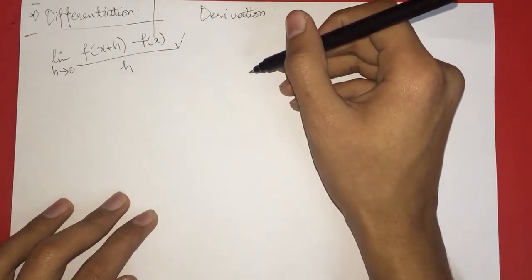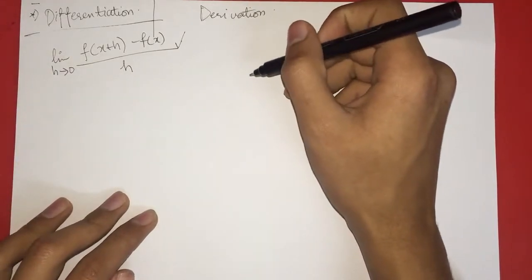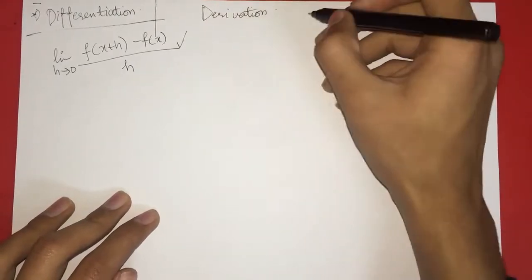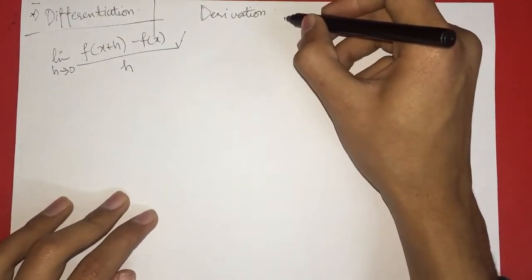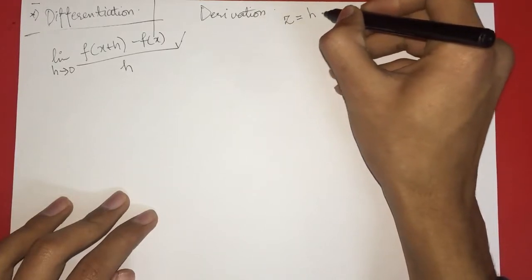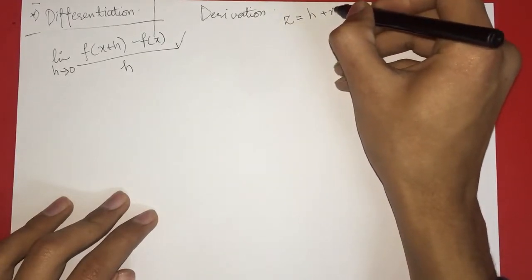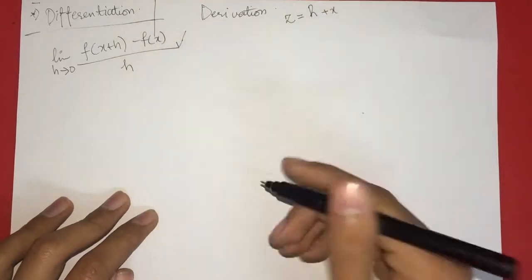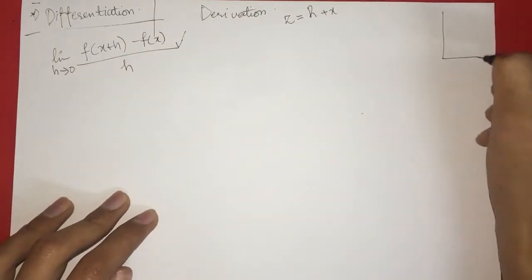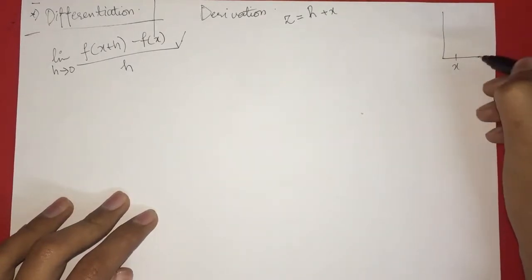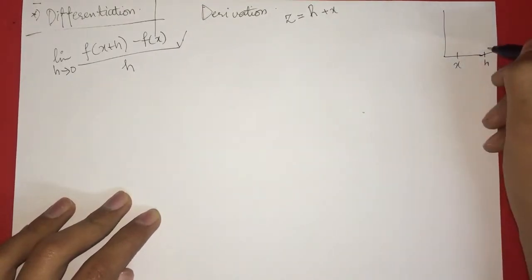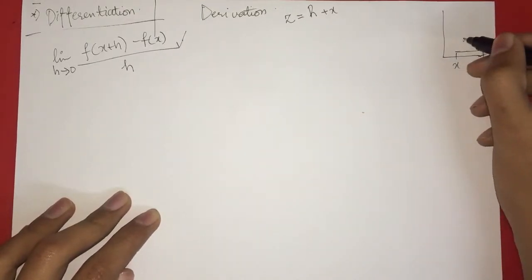the alternative formula for derivatives, the easier one, is this. For example, if I say that z equals x plus h, on the graph this is x and this is h, and this distance is z.